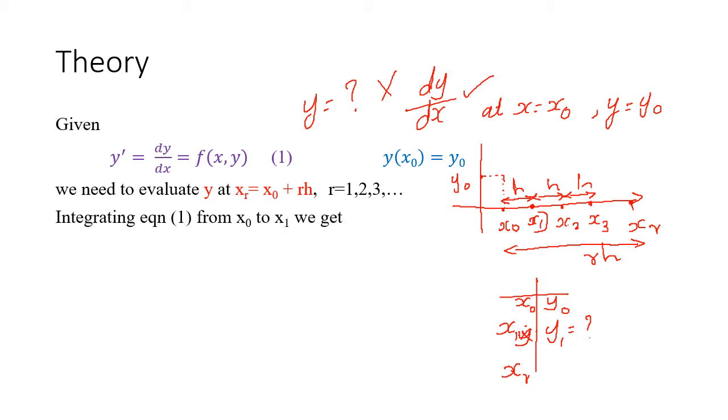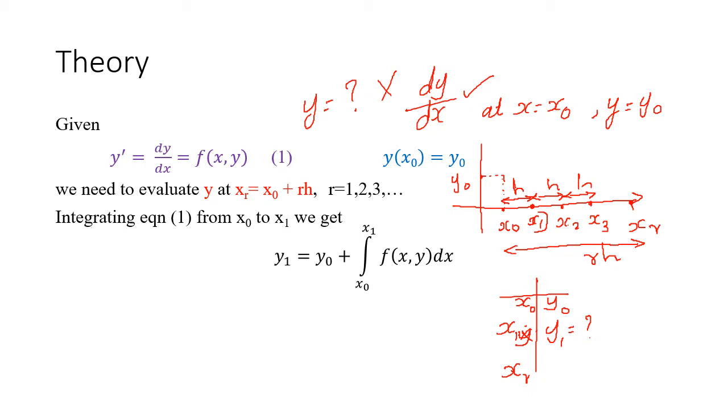Now the idea is very simple. You just integrate equation 1 from x0 to x1. We'll get y1 equal to y0 plus the integral from x0 to x1 of f of x, y dx. The intermediate step is obvious.